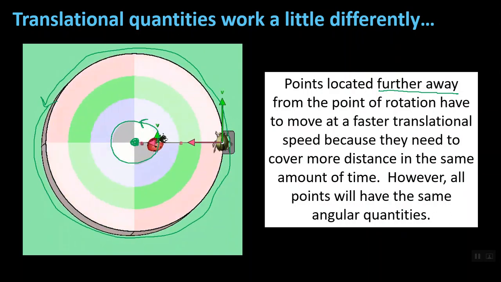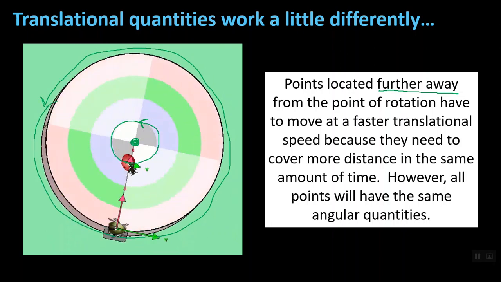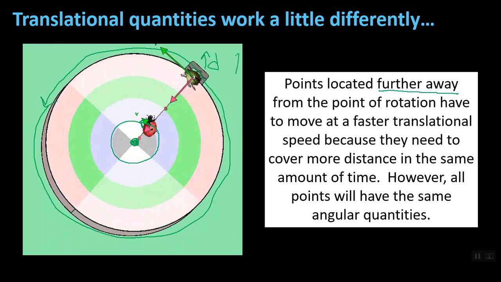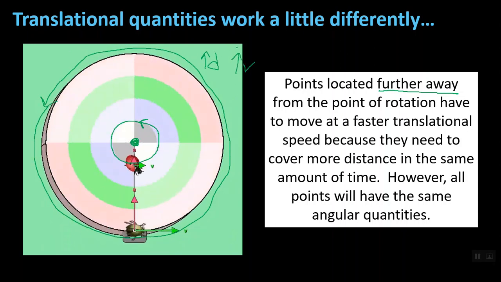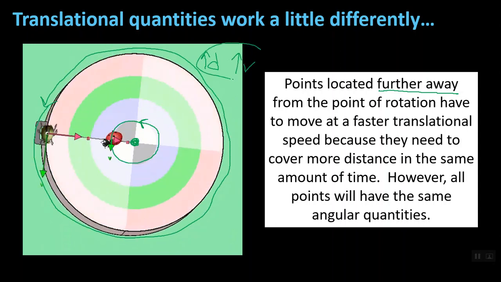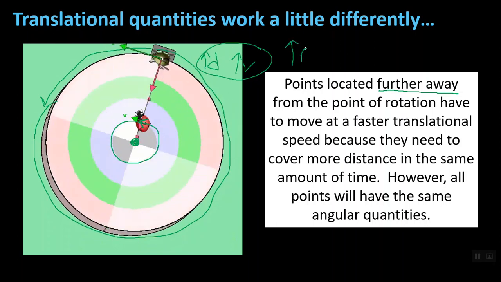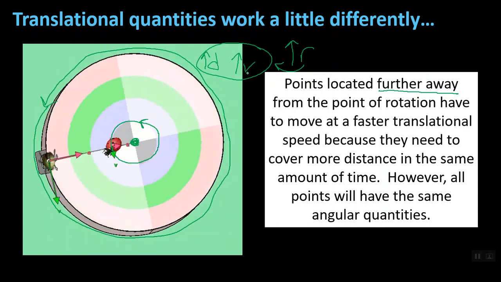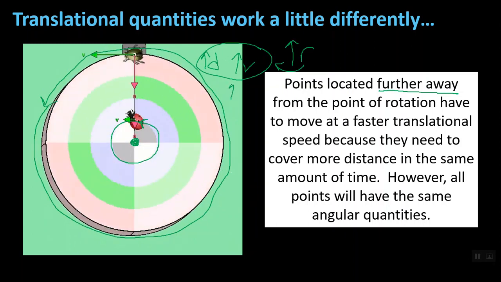They are doing it in the same amount of time, so the object that covers the greater distance in the same amount of time must be moving faster. The further you are away from the center of the rotating object, the larger your translational quantities become. So it is both distance, speed or velocity, but also acceleration.